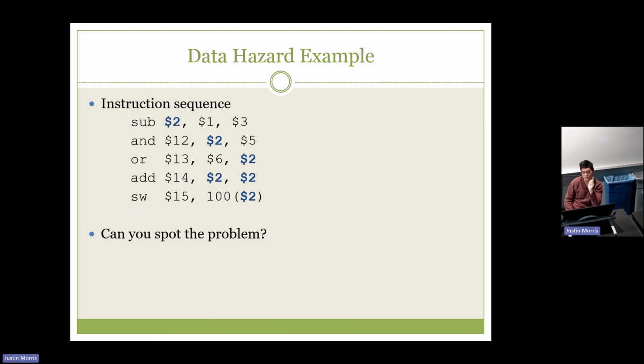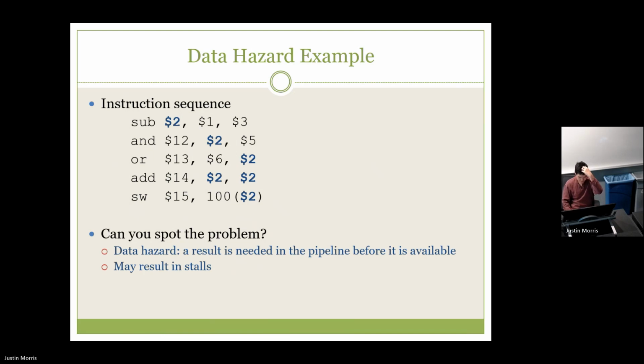And for your answer, you don't need to add a register because the pipeline register between execute stage and memory stage is going to hold that value already. We just need to add a connection is what we would need to do if we were going to forward. So because this result is needed before it is available and we don't have any forwarding support yet, we need to stall. Right?